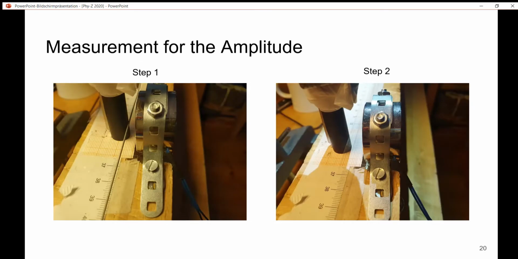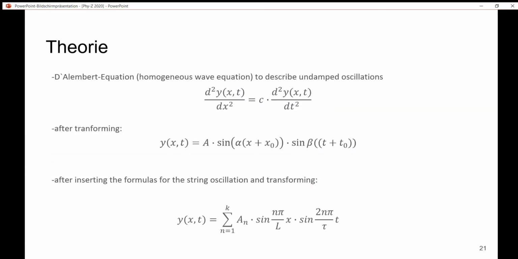Now for the measurement of the amplitude, I used a pen and put the pen at the resting string. Then I measured it, and then I let the string move, and then I moved the pencil right next to the string, and as soon as the pencil touched the string, I measured the amplitude. So that's the way I measured the amplitude.